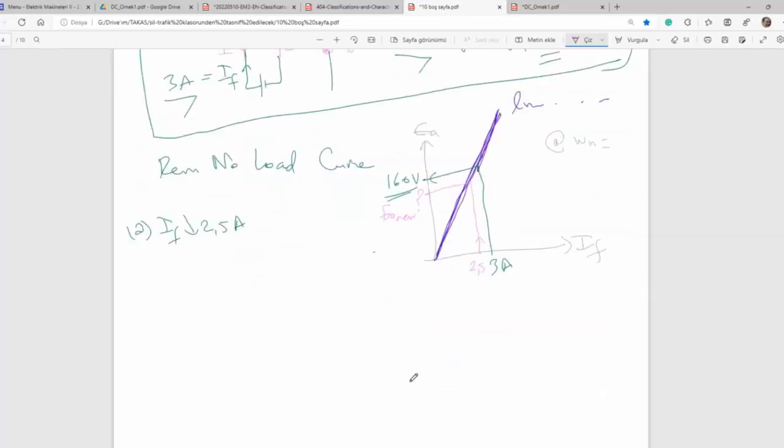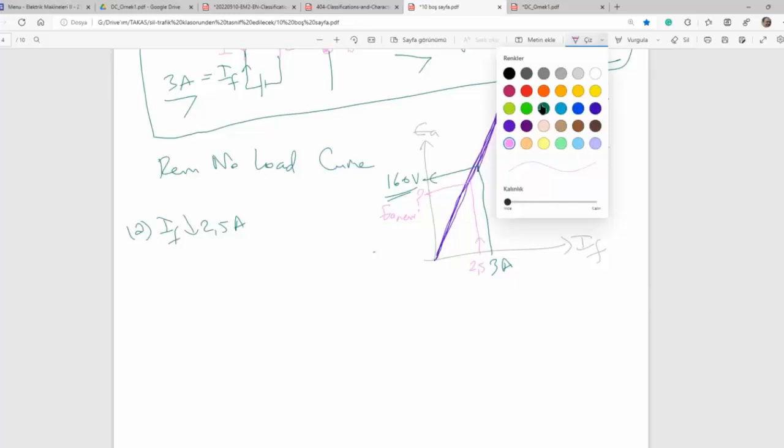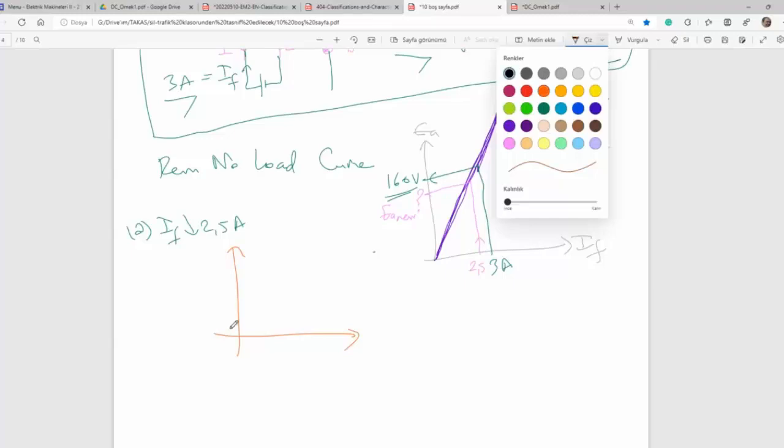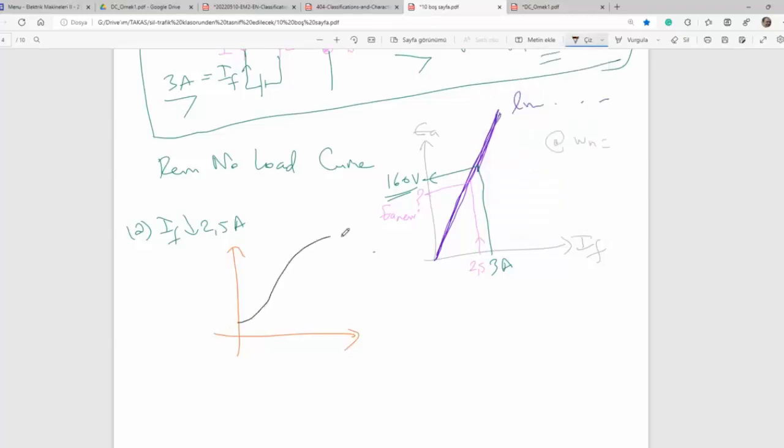Sometimes, perhaps, there is a given no-load curve. For example, in a question, I can supply a curve.